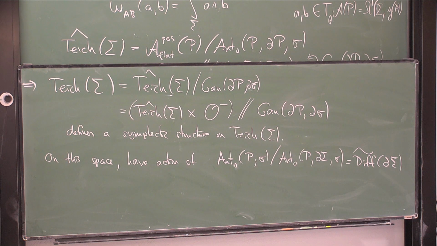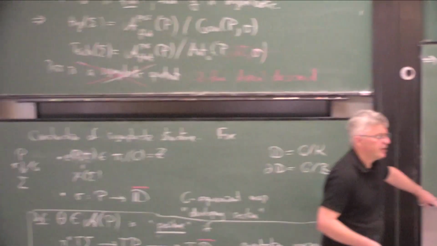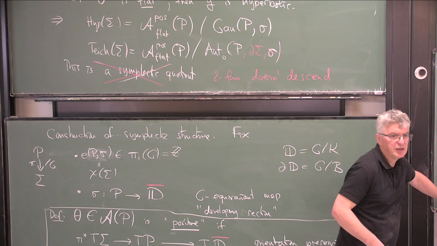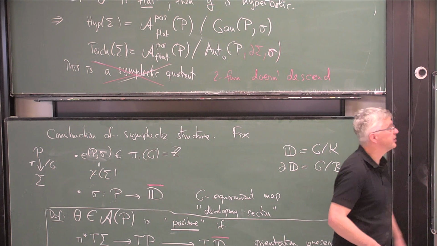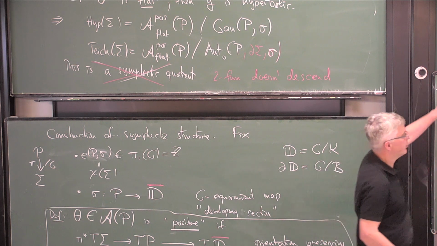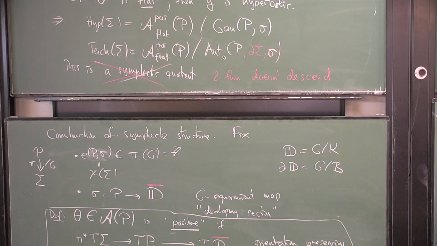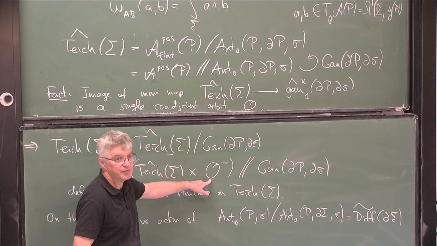And this action has a residual moment map, which one basically just calculates. It took us some effort, but one can just calculate, because one knows what the moment map is for the action of this group on the space of connections. There's a standard formula for that moment map. And this group also acts on the coadjoint orbit, preserving the symplectic form, basically automatically. And then one can pick out a moment map for that also.